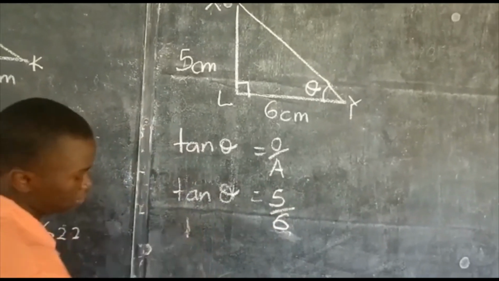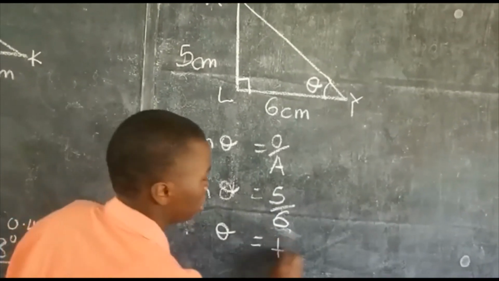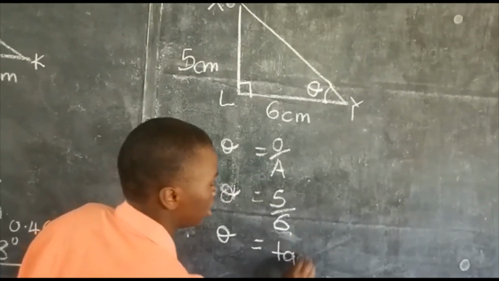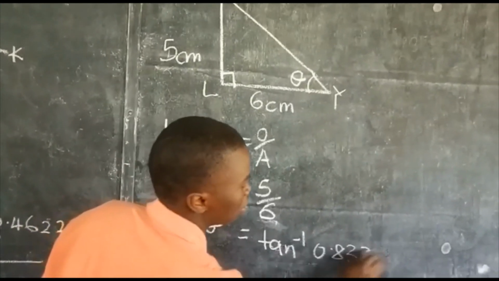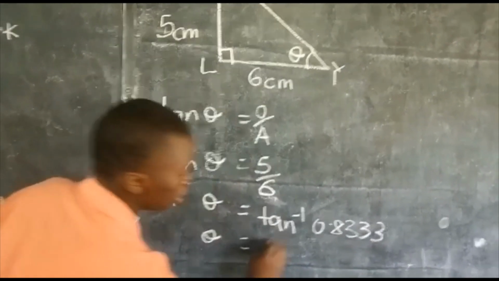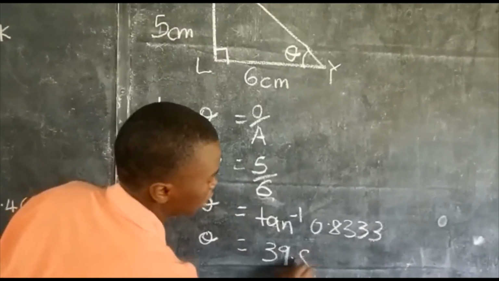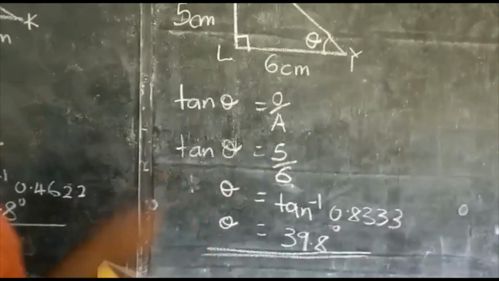Therefore, our theta is equal to tan inverse of 0.8333. Therefore, our theta is equal to 39.8 degrees. So this is our angle, and that's it all.